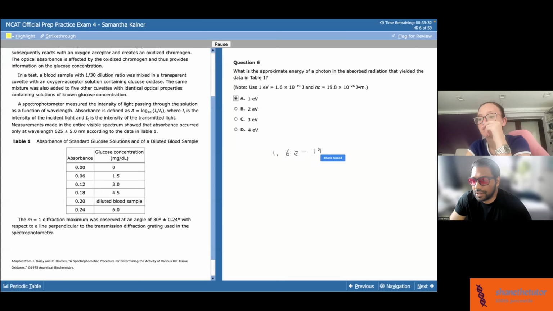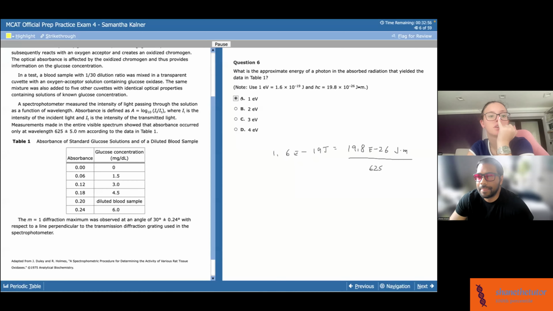Okay. And that is equal to 19.8 times 10 to the negative 24th over... so equals like this, or what did you do? Oh, you just wrote equals? Yeah. 19.8 times 10 to the negative 24th over 625. 26. Oh, okay. 25 what? Nanometers. Okay.